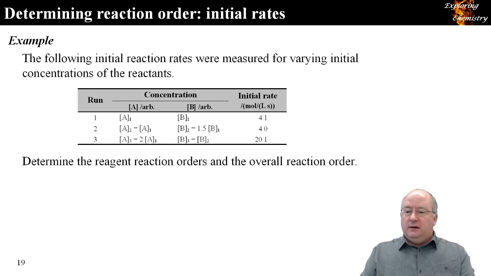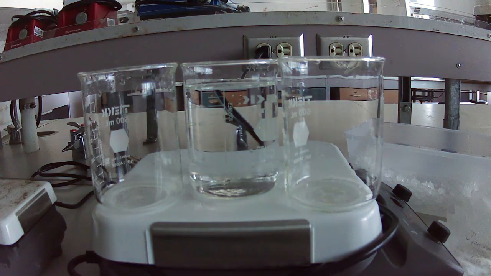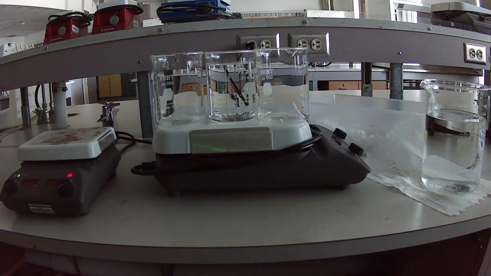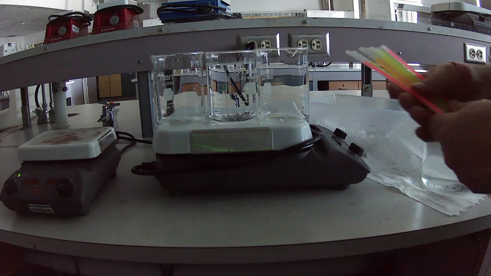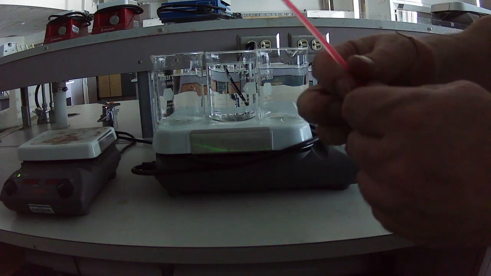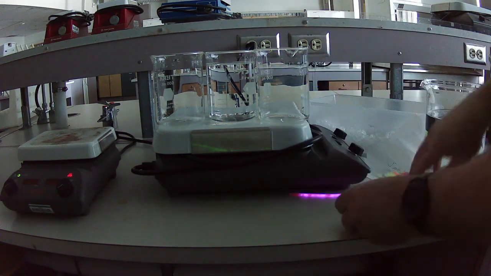Before we continue with the course material, I want to set up for a demonstration. So what we have here are a bunch of glow sticks bought at the dollar store and different colors. If you are unfamiliar with these, they have inside of them a very thin glass tube that contains one chemical, and then the other chemical is in the outer area.